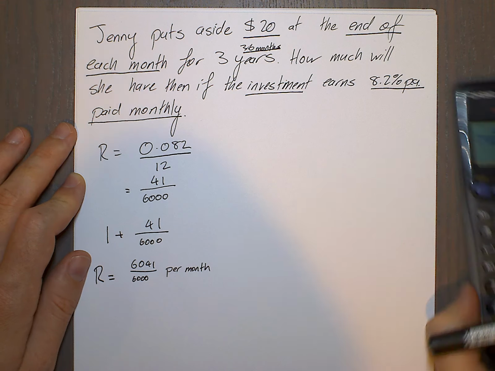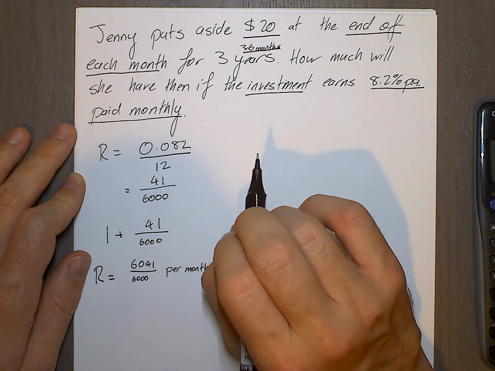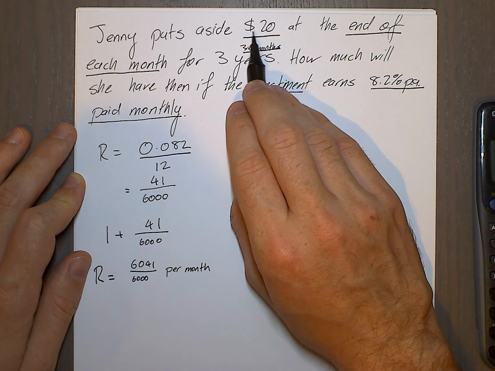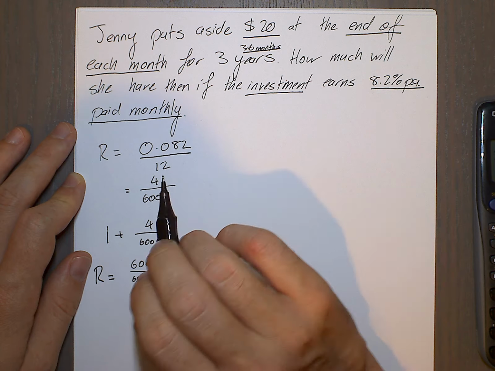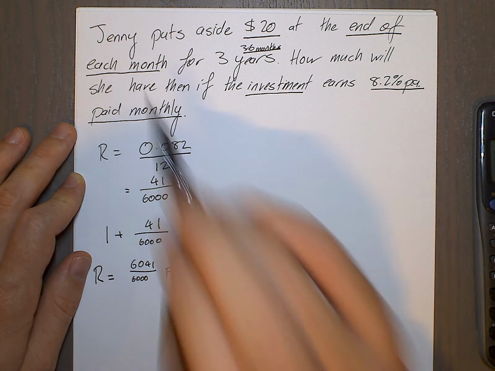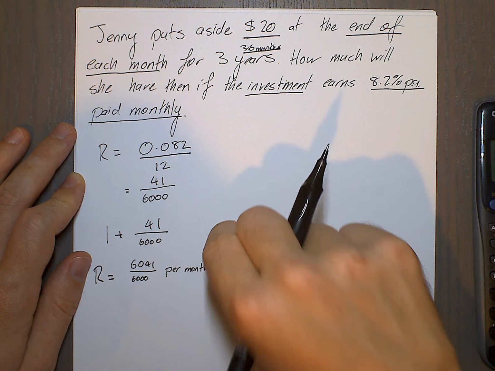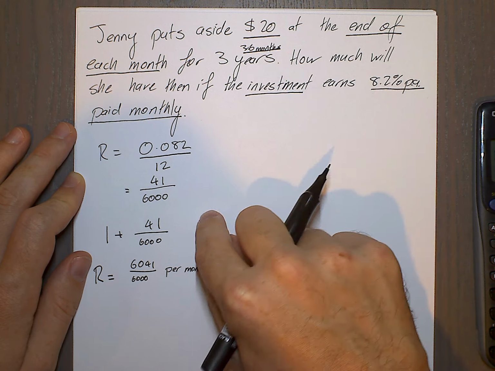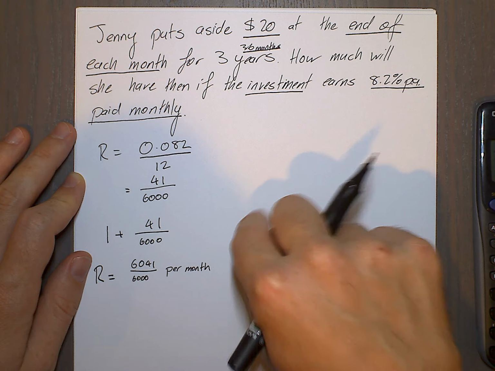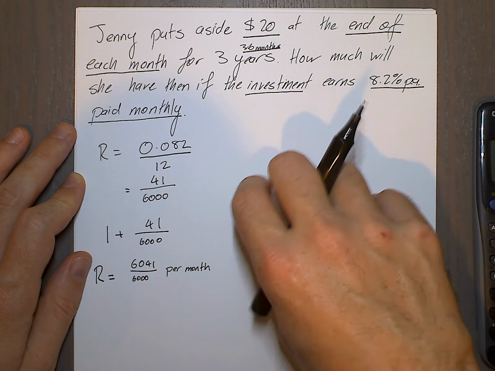Something that's also important is we have 36 months, and we're also looking at this as $20 at the end of each month. One of my students asked me why that was important today. It's important because if you put money in a bank account at the start of each month, in this case $20, for that entire month it is getting interest applied to it, or accruing some kind of value.